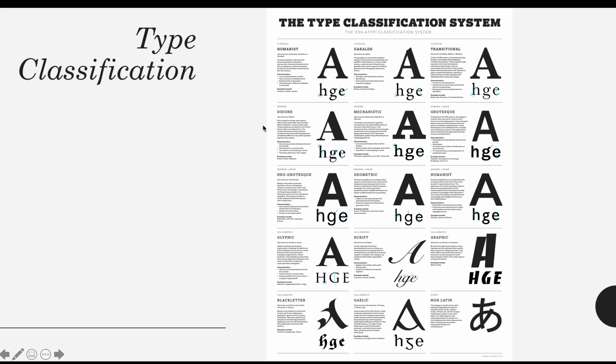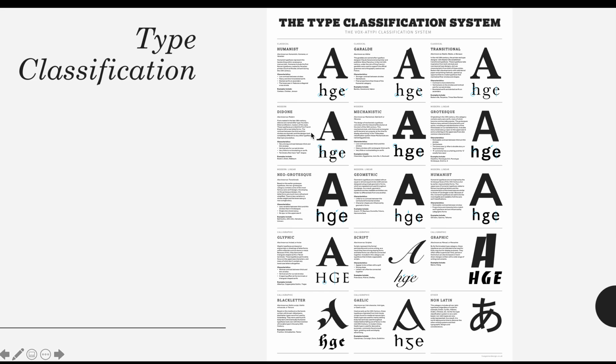So type classification, again, thinking about fonts, and fonts have characteristics and classifications based on how and when they were created. So if we think about, for example, classical typefaces, their characteristics, they have a low contrast between strokes, they're heavier. If we jump down to modern typefaces, usually a very strong contrast between thick and thin strokes.